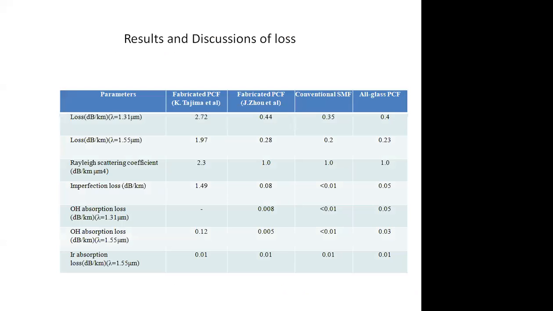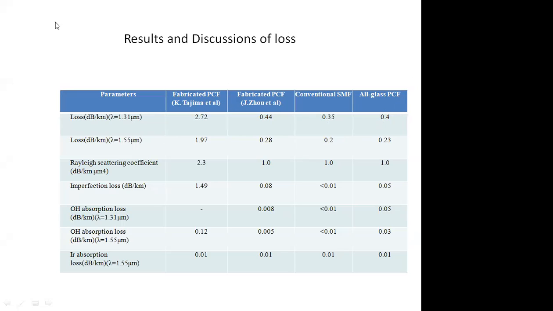Last, we also have loss compared with all the fibers, and our proposed glass has 0.4 dB of loss, which is a little bit more than the existing fibers, but the work is still going on in order to reduce that loss.